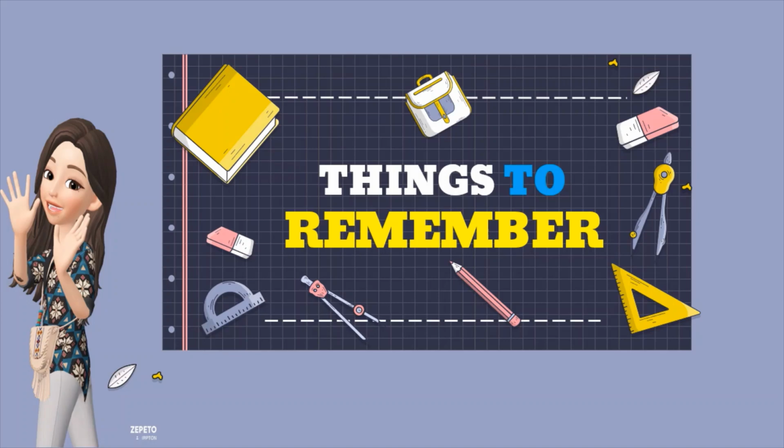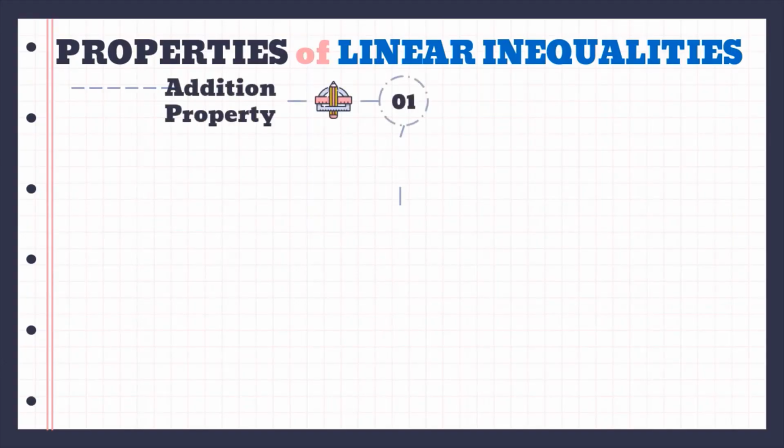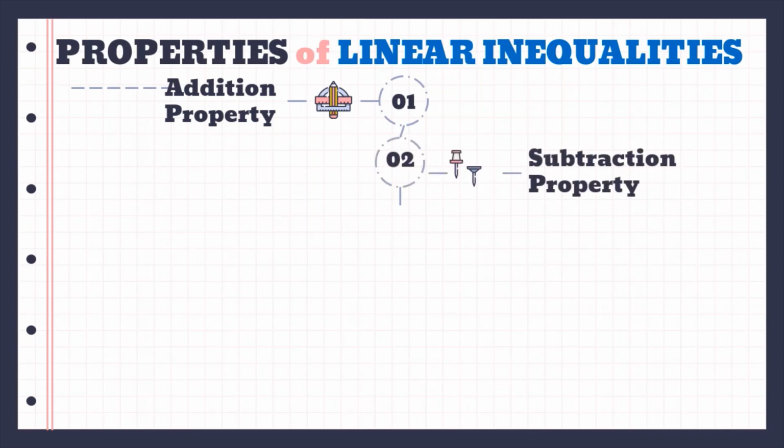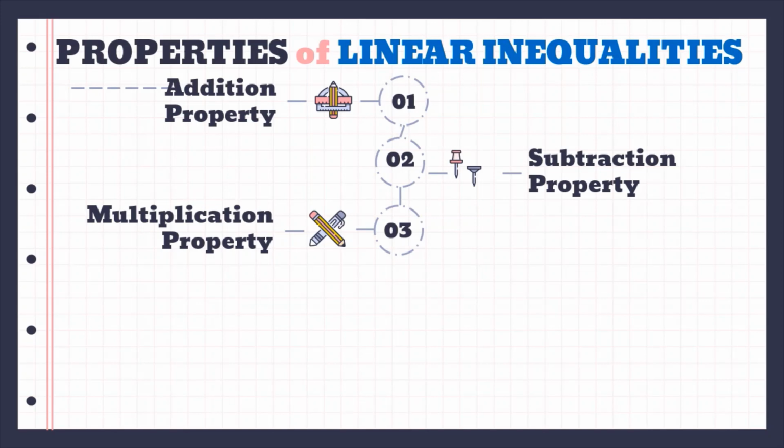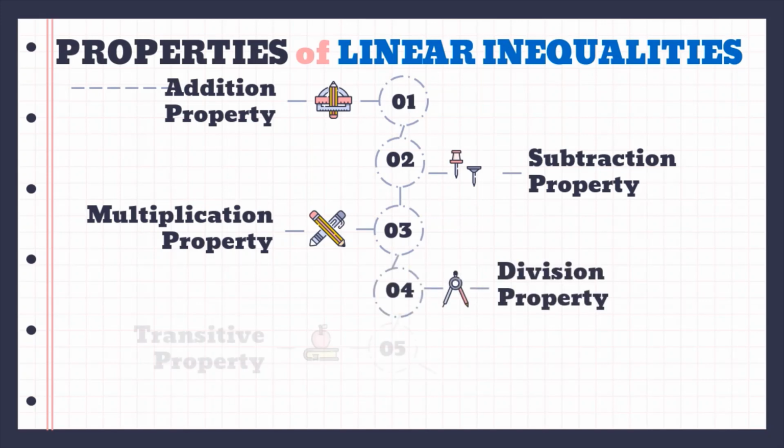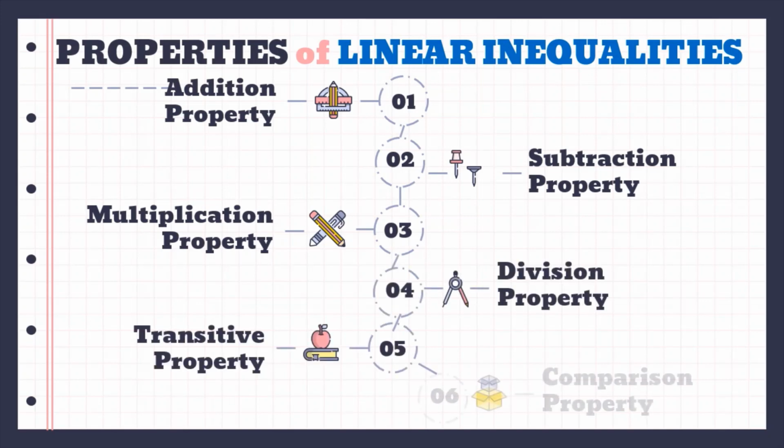So, things to remember, properties of linear inequalities, we have 6: addition property, subtraction property, multiplication property, division property, transitive property, and comparison property. Sa addition property, nag-add ka both sides. Sa subtraction, ganun din. Multiplication, ganun din. At division property, ganun din.